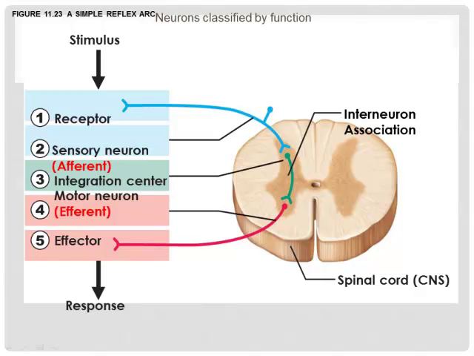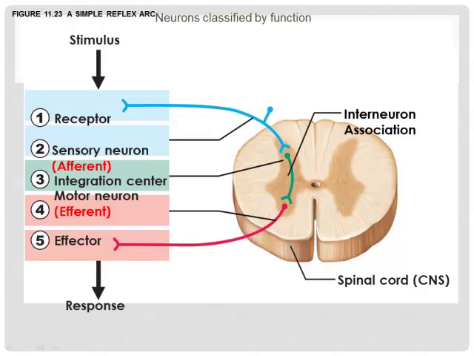We know that the motor neurons release acetylcholine at the synapse, and when the acetylcholine binds to the receptors on the muscle fibers, an action potential is propagated along that muscle fiber. And that action potential is what's going to trigger the contraction of the muscle itself.